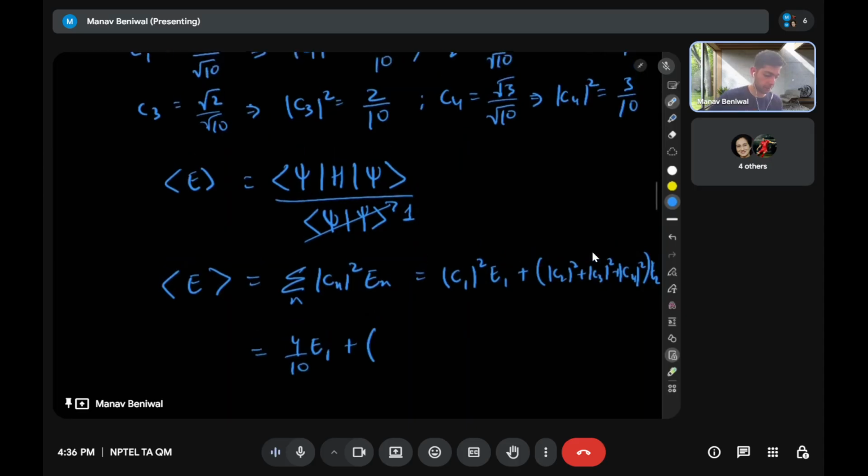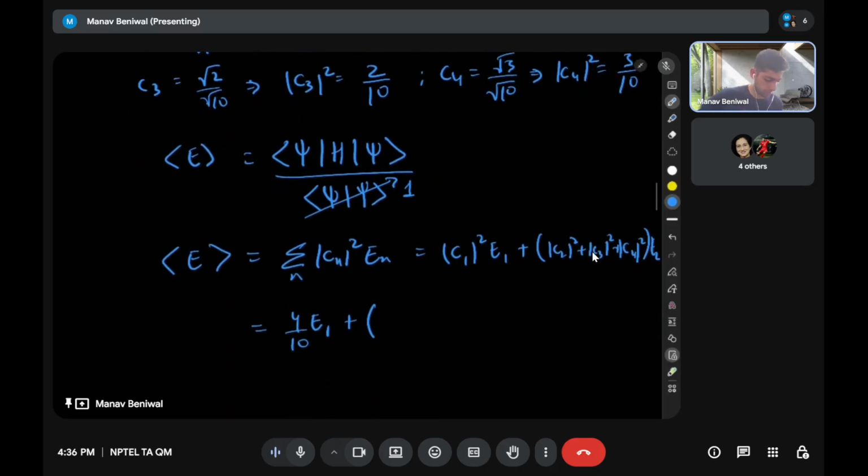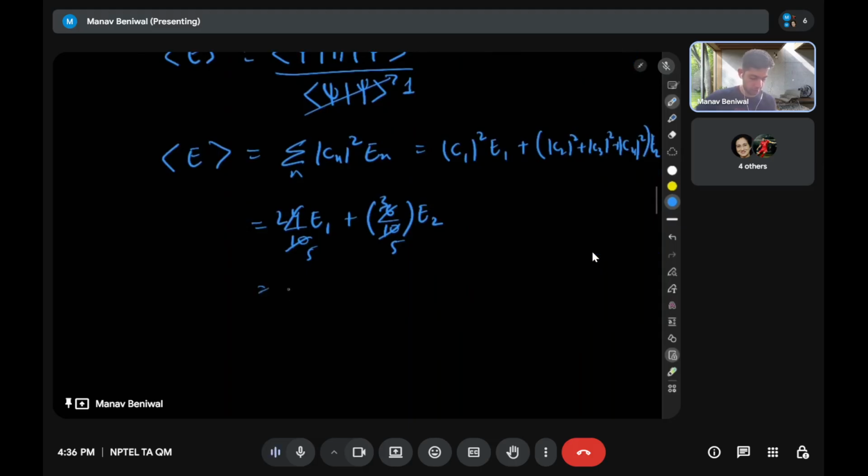This will be 1 plus 2 plus 3, which is 6, so 6 by 10 e2. Cancel out: 2 by 5, and 3 by 5. So this is 2 by 5 e1 plus 3 by 5 e2.